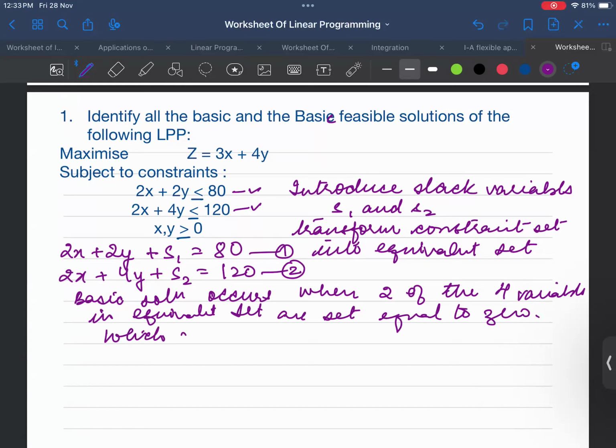Which two variables, you have to decide. We have four variables now: x, y, s1 and s2. We have to keep any two of the variables as 0, and then calculate the remaining two. So there are different possibilities.